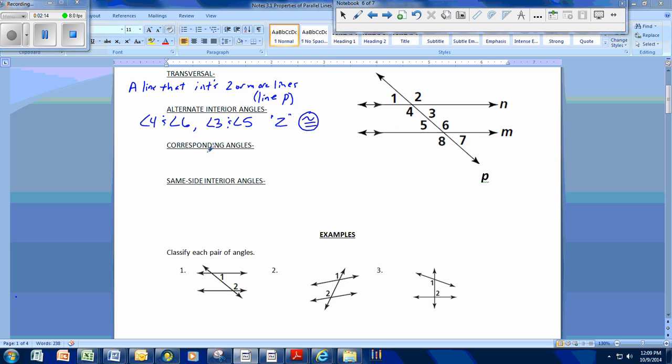Next we have corresponding angles. Corresponding angles are angles that are in the same spot. So we have a group of 4 angles right here, and we also have a group of 4 angles down here. So angle 1 and angle 5 would be corresponding.